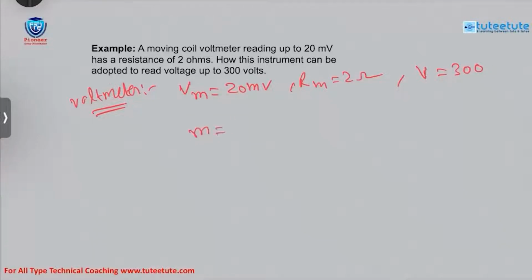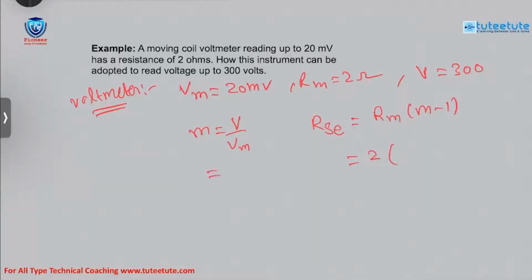M is equal to V by Vm. And R series, RSC you can write. Series multiplier is Rm into M minus 1, Rm is 2.